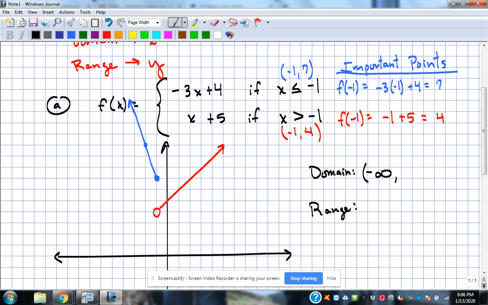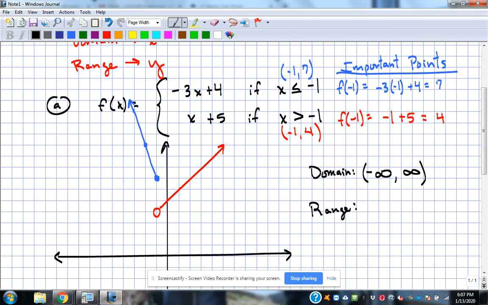There will be times when you may skip some numbers, and we have to take care of that. But this time we don't skip any. And then it says all the x's that are greater than negative 1. Well, where do we end up getting to when we go greater than negative 1? Infinity. So this one actually has a domain of all real numbers, or from negative infinity to positive infinity. All real numbers, though. Remember, those being the same thing. Okay?